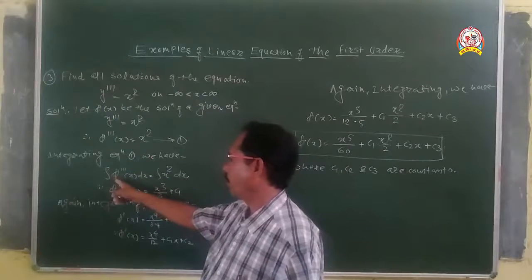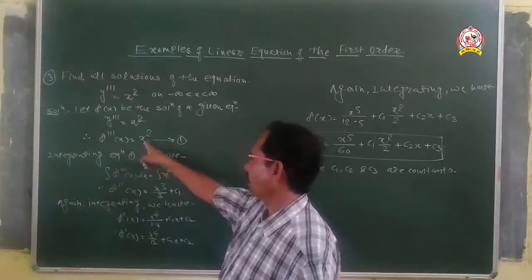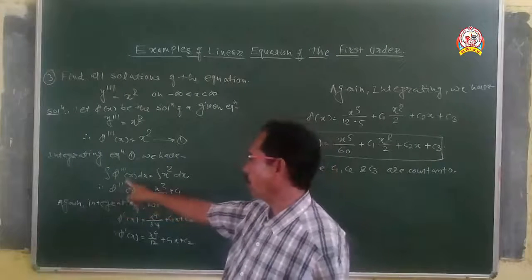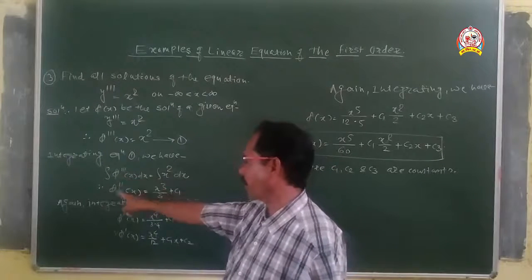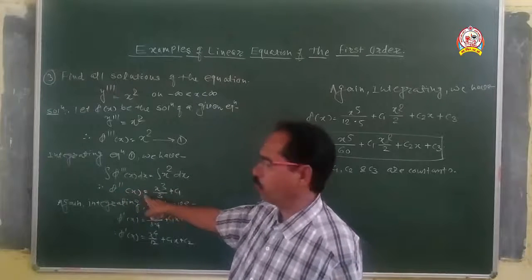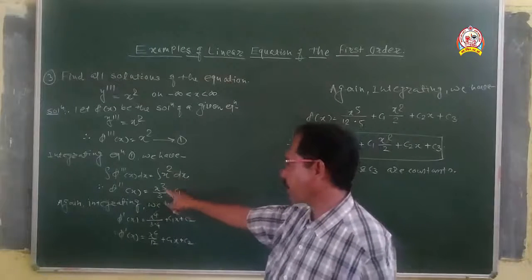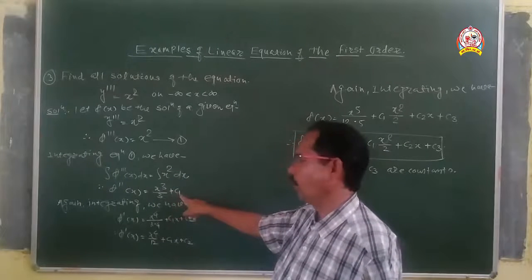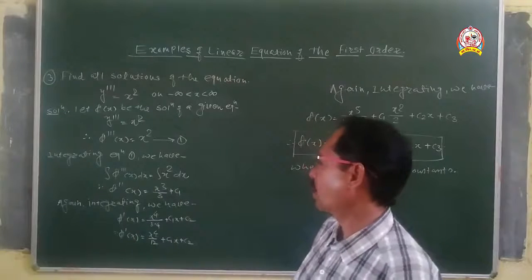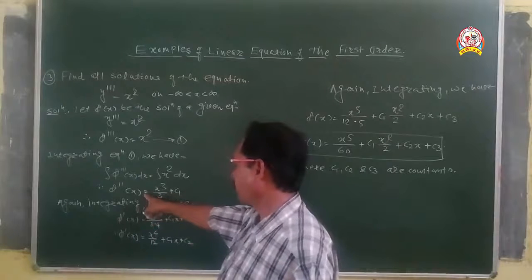the integration of phi'''(x) dx is equal to the integration of x^2 dx. So phi''(x) is equal to the integration of x^2 dx, which is x^3/3 plus c1, where c1 is the integration constant. Now again integrate this equation.